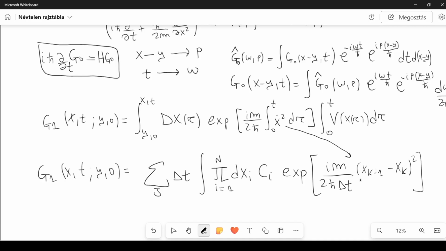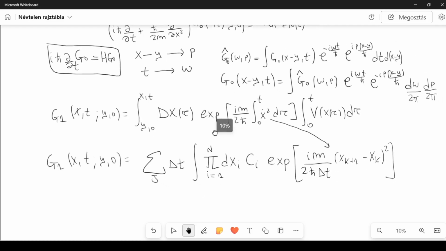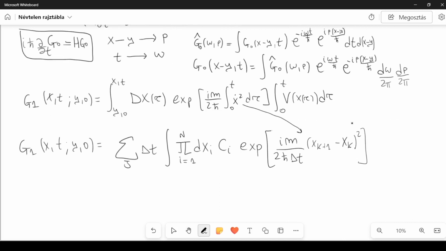And if we want to obtain a velocity, we have to divide by the increment of time squared, but I have already simplified this delta t because this d tau will become delta t. So it's as if I have delta t divided by delta t squared, and therefore I have this factor of delta t here in the denominator. Then I have the discrete version of the potential, which I can write as v of x sub j, because x of tau will become x sub j.